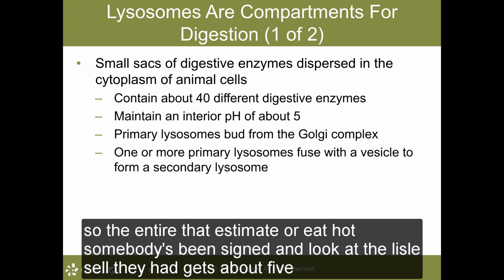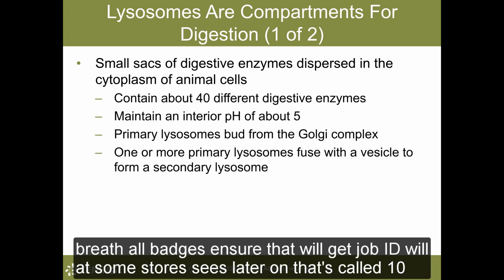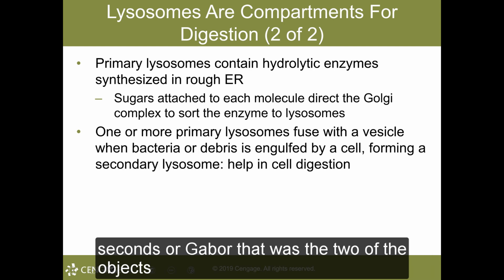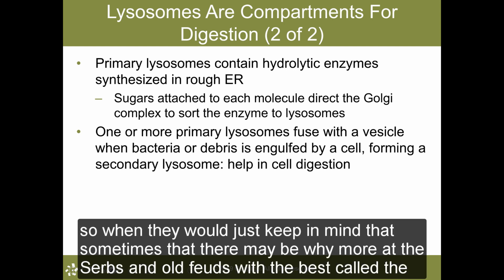So with all of that, just ensure that we'll get to a lysosomal storage disease later on, and that's called Tay-Sachs disease. We'll do more of that once we get to a bit of genetics. Just keep in mind that sometimes there may be one or more primary lysosomes that will fuse with a vesicle when bacteria or debris is engulfed by a cell, and that secondary lysosome will help to, of course, digest that material.